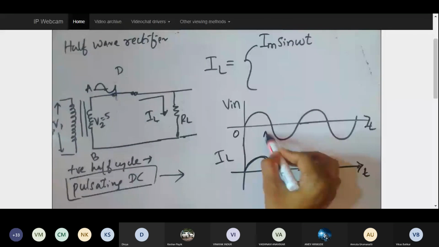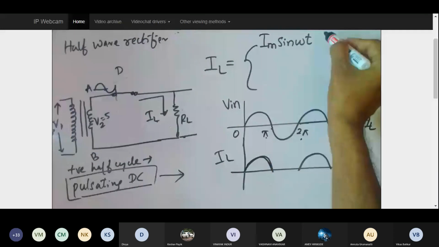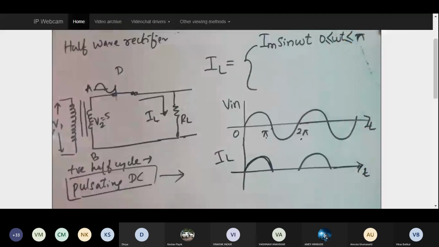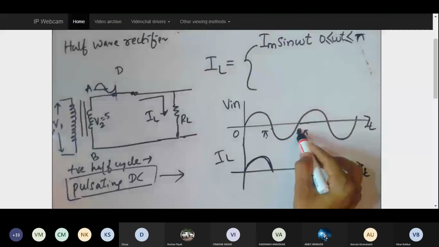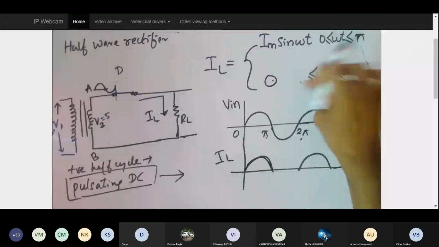One cycle is 0 to 2 pi duration, half cycle will be pi duration. So for the duration 0 to pi, and what will be my current equation from pi to 2 pi? From pi to 2 pi it will be 0. So omega t from pi to 2 pi, the current will be 0.